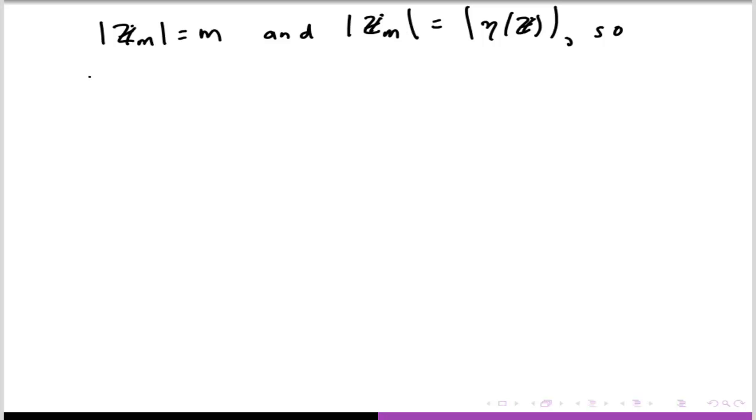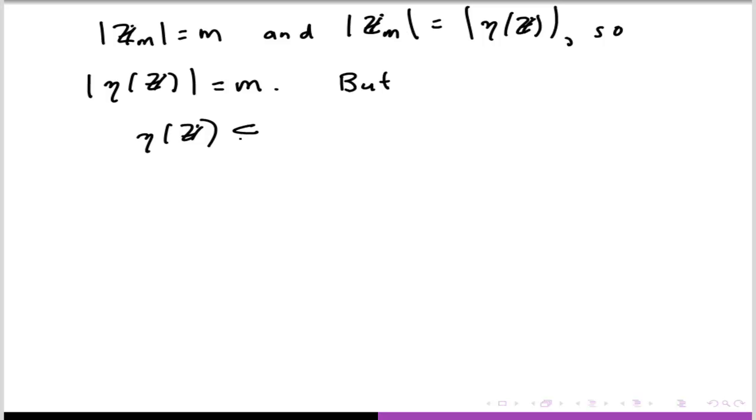So the cardinality of eta of Z is also equal to m, but it's a subset. Eta of Z is a subset of this right-hand side, Z mod m1 cross ... Z mod mk.